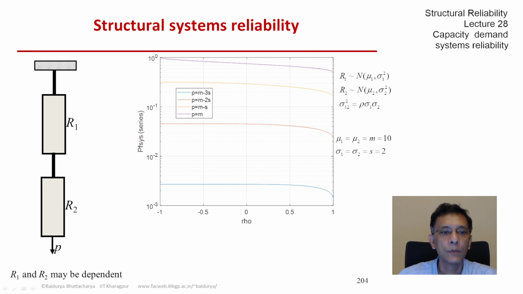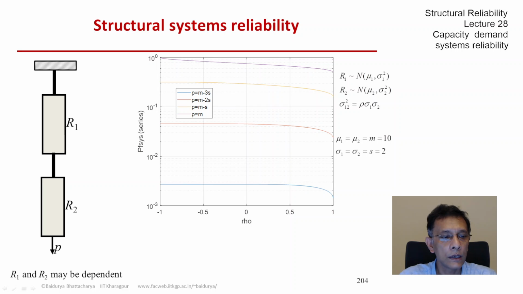Now, if I look at the joint probability of R1 less than P or R2 less than P, which is our definition of failure probability, series failure probability. So that's what you see on your screen. I have taken 4 different values of the load.